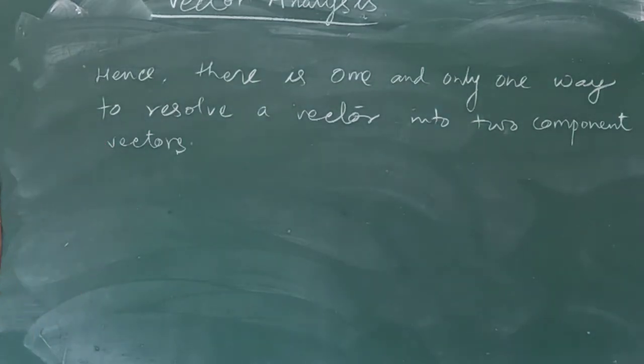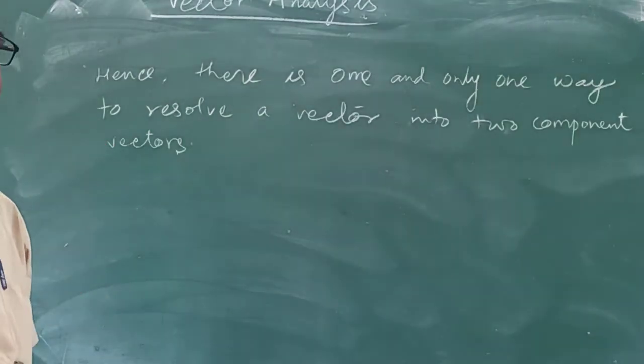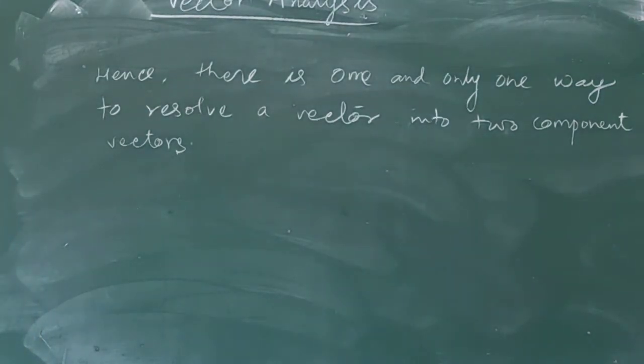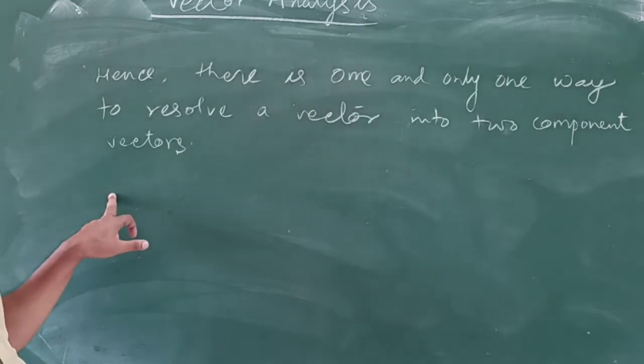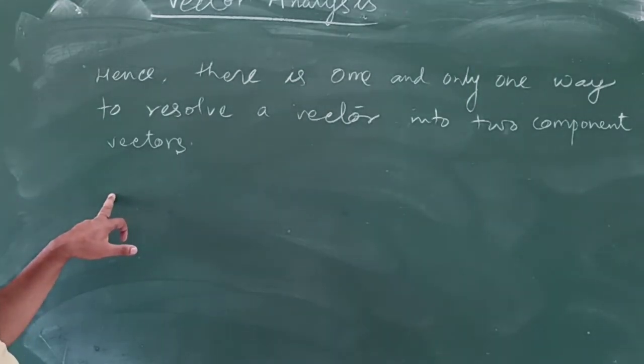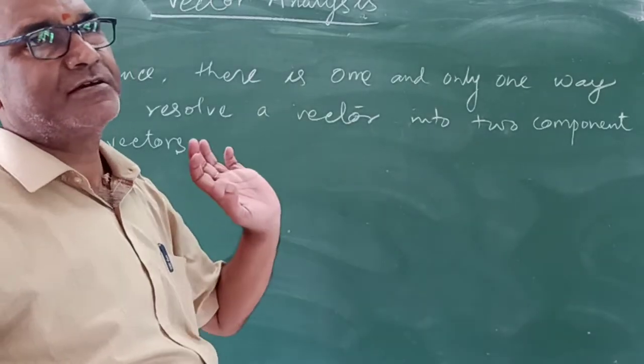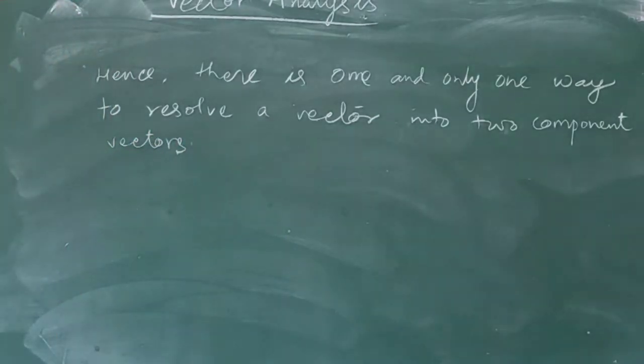Therefore, we write m vector a plus n times vector b is equal to m dash times vector a plus n dash times vector b. Now transporting the terms from left hand side to right hand side, we get m minus m dash into vector a is equal to n dash minus n vector b.